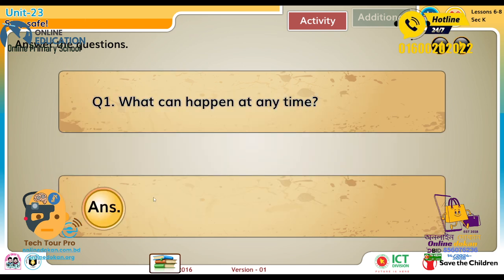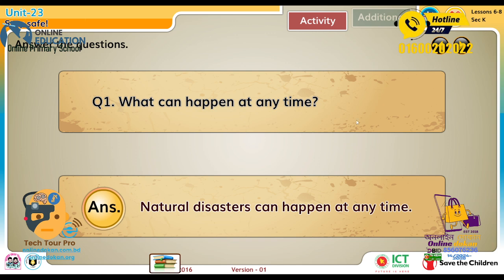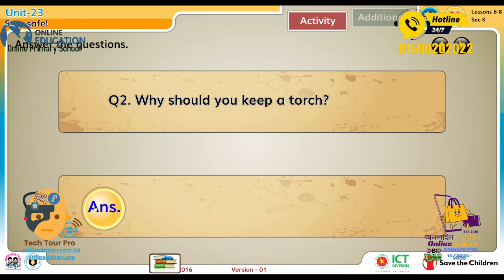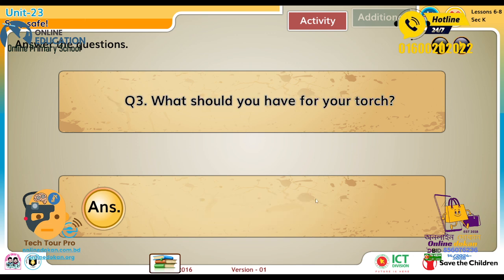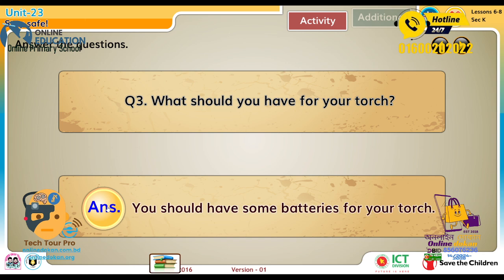1. What can happen anytime? Natural disasters can happen at any time. 2. Why should you keep a torch? You should keep a torch because there may not be any electricity for a few days. 3. What should you have for your torch? You should have some batteries for your torch. 4.